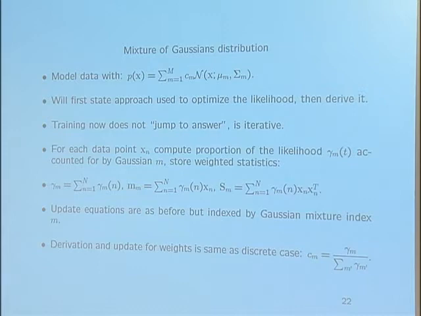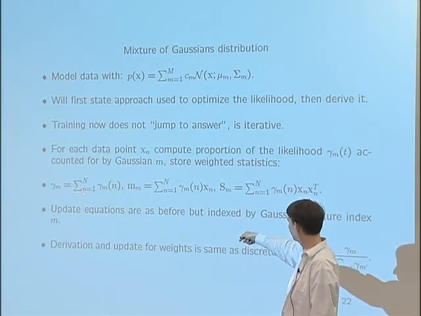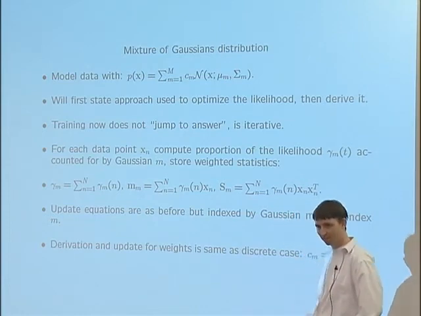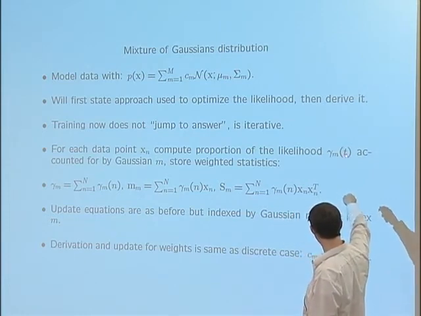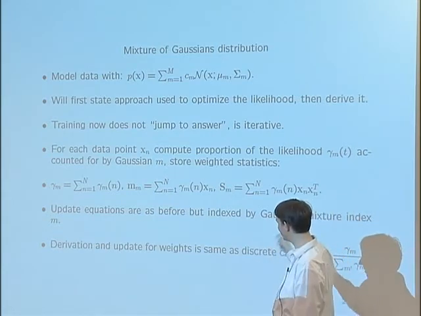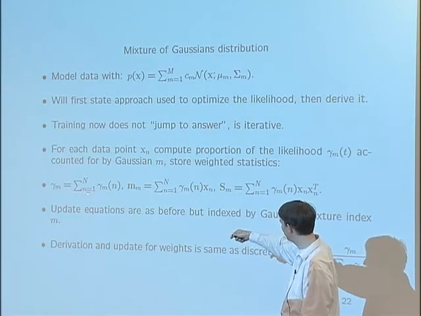Now, previously this gamma was just the number of observations. But with these weights involved, gamma for the mixture m becomes the sum over the training data points of the individual gammas. I think I'm using inconsistent notation here. I was using n, and then I changed to t, but they're still mixed up, so just understand that.